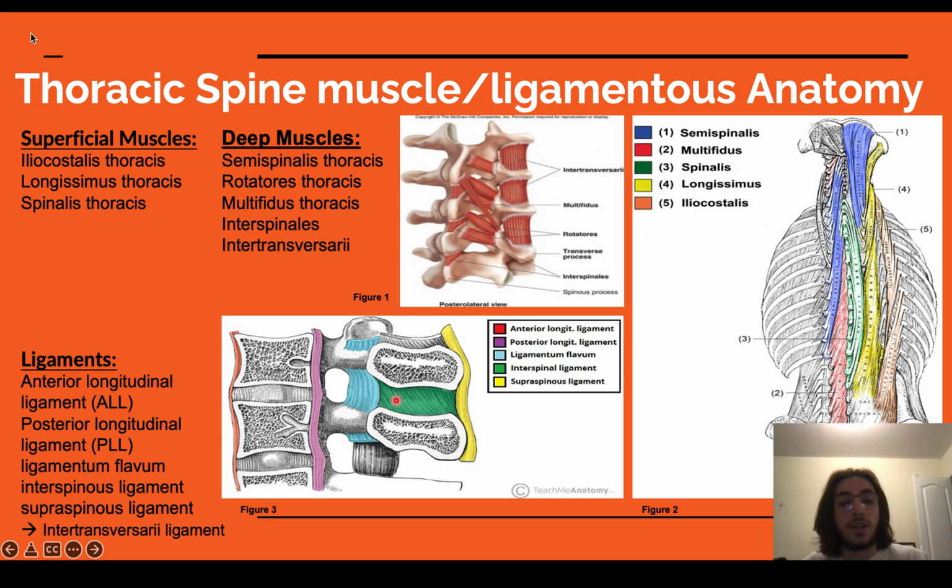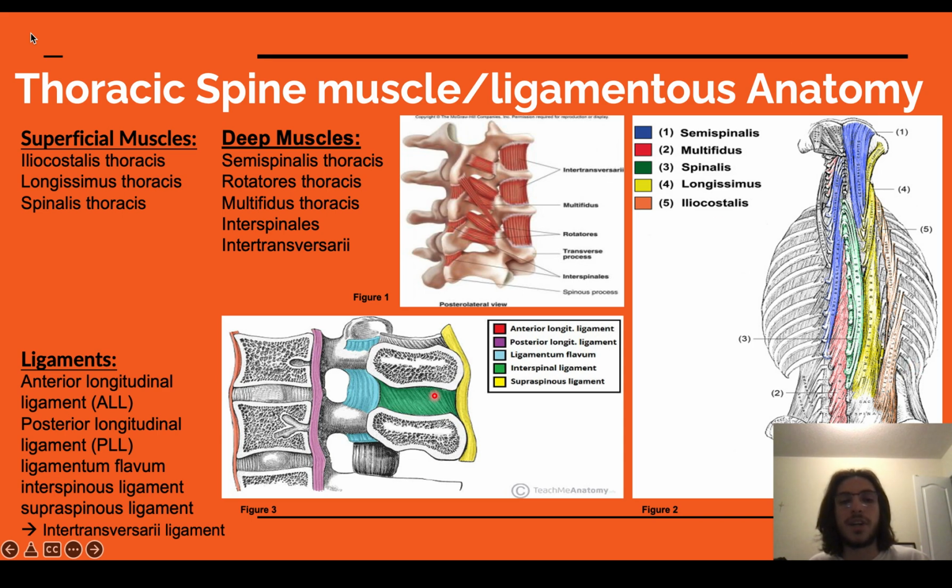So the green interspinous ligament consists of weak bands between adjacent vertebral spines and limits flexion. Similarly, the supraspinous ligament connects the tips of the vertebral spines and also acts to limit flexion. Both the interspinous ligament and the supraspinous ligament are continuous of each other all the way down through the entire spine.